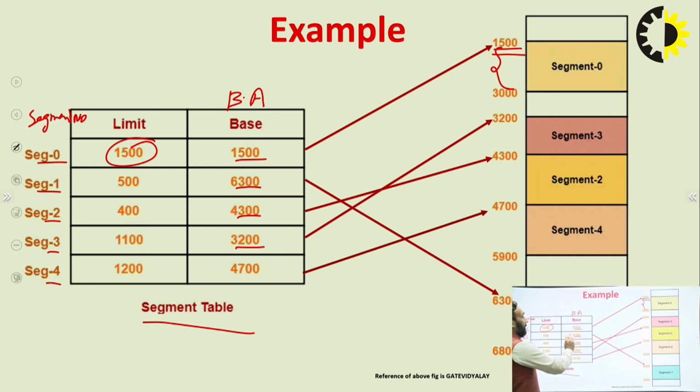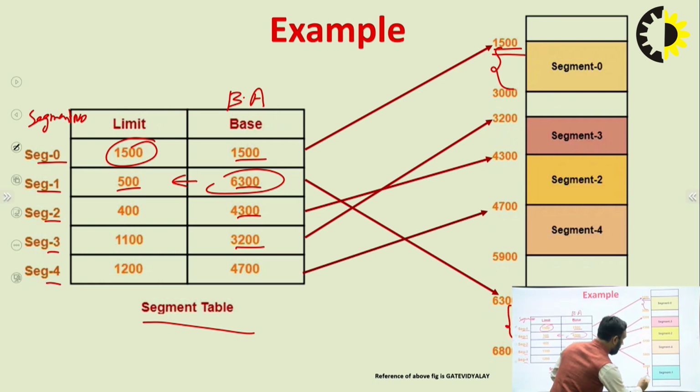Likewise, the base address of segment 1 is 6300 and the limit of this segment is 500. So how will it calculate? We add the limit to the base address and it goes up to 6800.